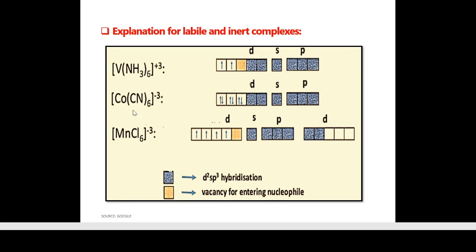So let's move towards the next complex, that is [Co(CN)6]3-. So as cobalt has atomic number 27, its electronic configuration is 3d7 4s2. But as it carries a +3 oxidation state, the system becomes a d6 system.